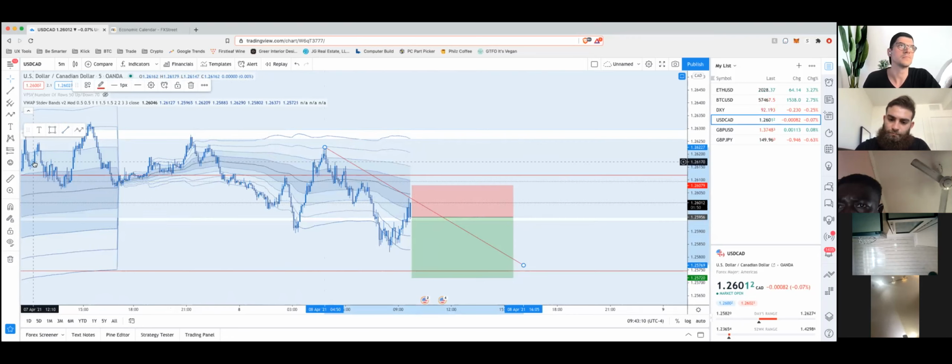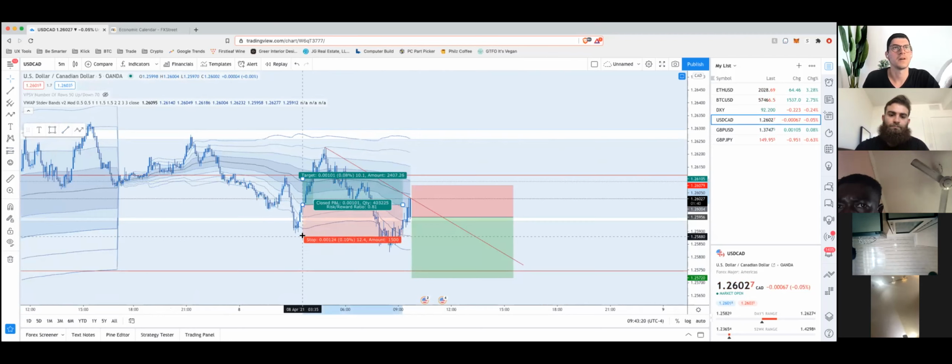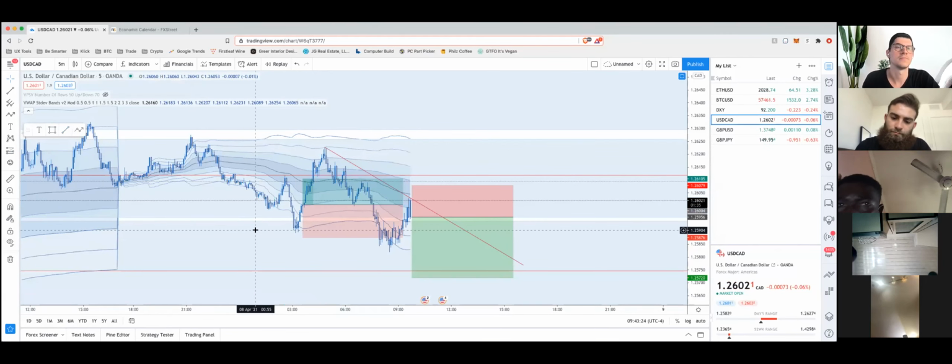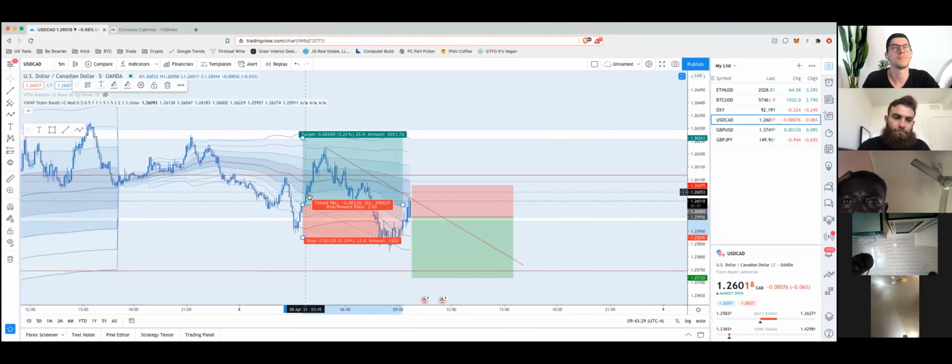But if we're fading off the second bands, like in this example, depending on where you would enter, your stops are the previous high or low, and you're targeting the opposite side.